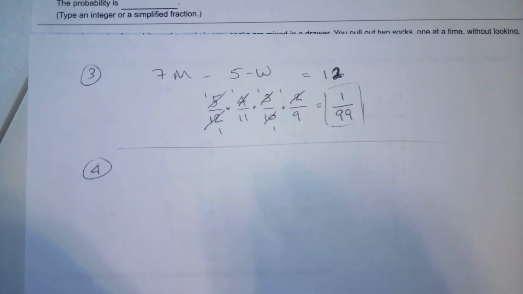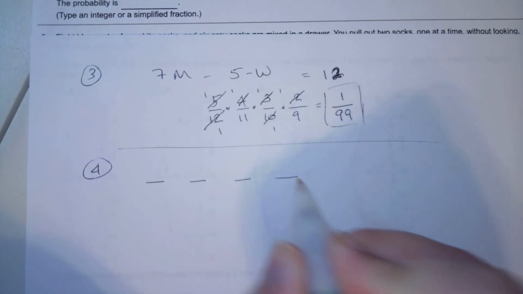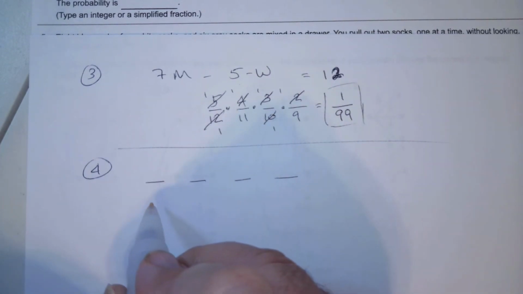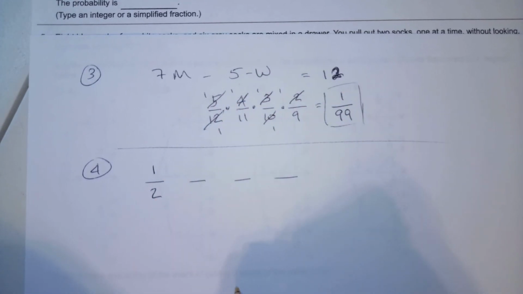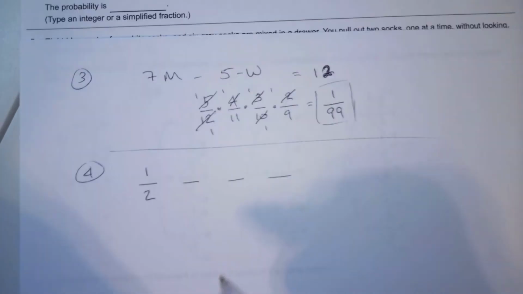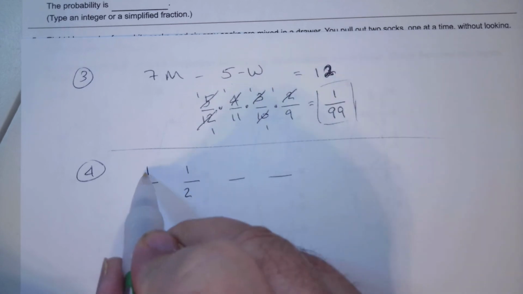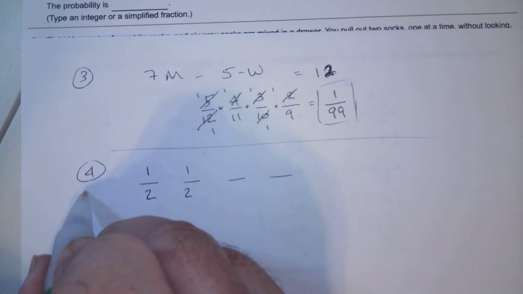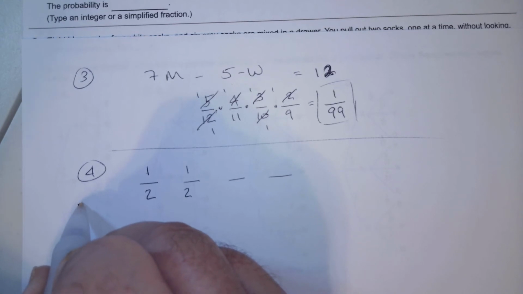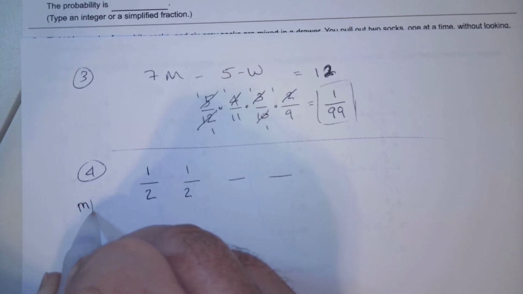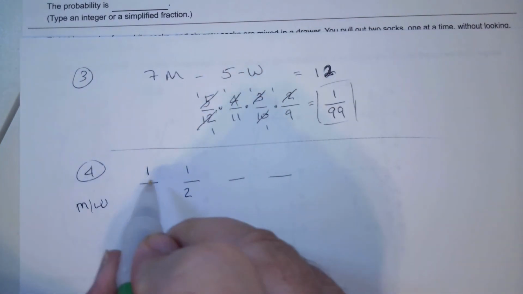Okay, so let's look at this. So we have 4 children being born. The probability of the first one being born a girl is 1 over 2, because it says the probability is 1/2. Now the next one being born is also 1/2. Why 1/2? Because the sample space is either male or female, and there's only one of those.